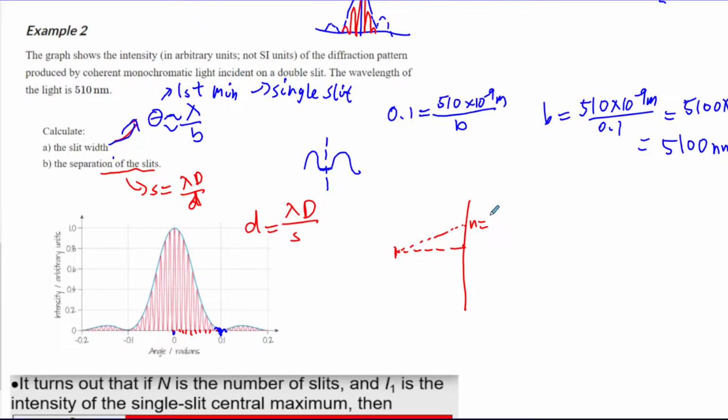Take the distance divided by 1, so 0.1. So this distance will be exactly 10 of them. This distance will be 0.01 radians, right? So we know the angle over there is exactly equal to 0.01.